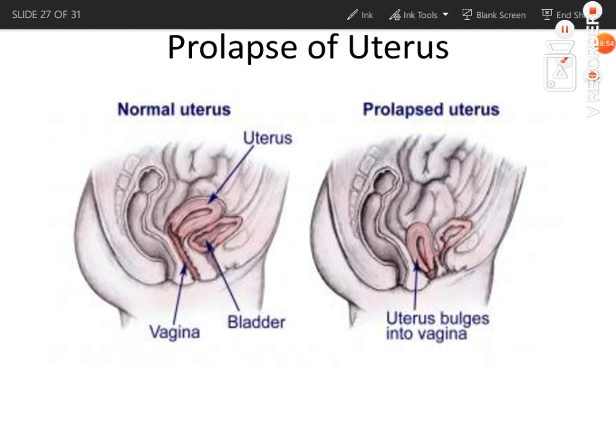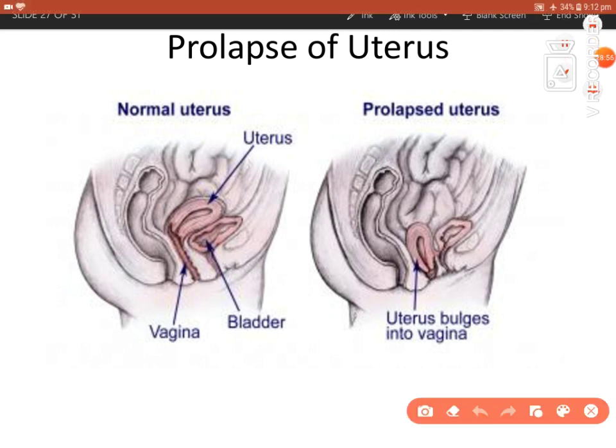Then coming to the clinical features, the prolapse of the uterus. Okay, so the uterus's main supports are the axis of the uterus itself, that is the angle of anteversion. It's maintained by the round ligament and the uterosacral ligaments.